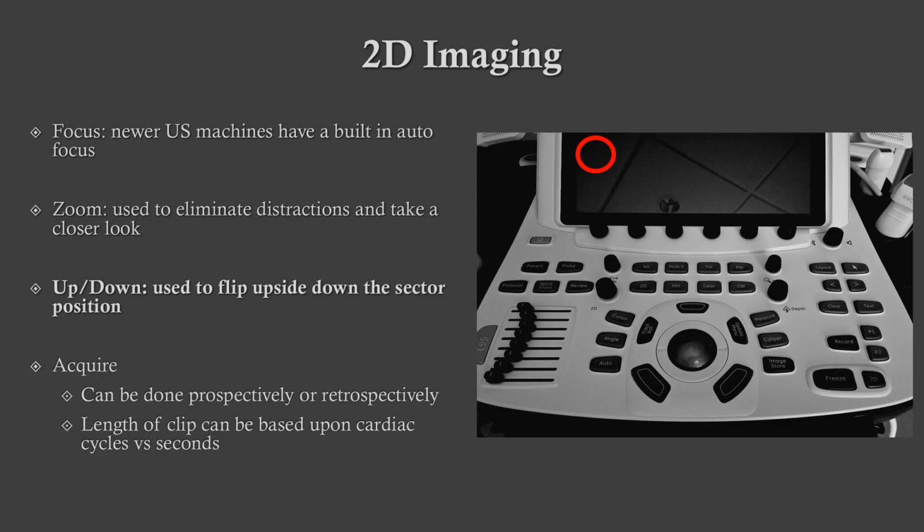Up down button is also an important one to know how to find and the use of its function. Usually it's found on the touch screen on this particular ultrasound system, and it's used to flip the sector position, vertex up or vertex down.